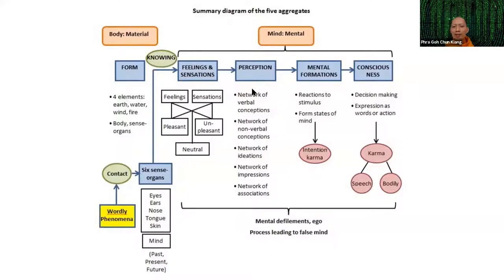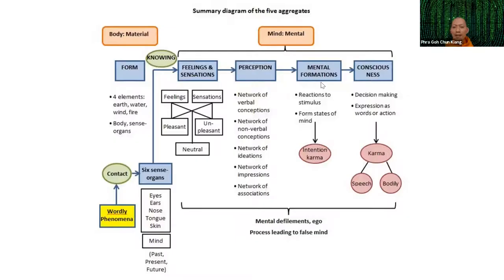Some translators will translate it as memory. If, let's say, you've learned these terms, earth, fire, wind, water, then next time in your meditation, when you feel anything moving, you call this the wind element. Because you learned before, the mind will bring up the past and give it a label. So these are called perceptions.